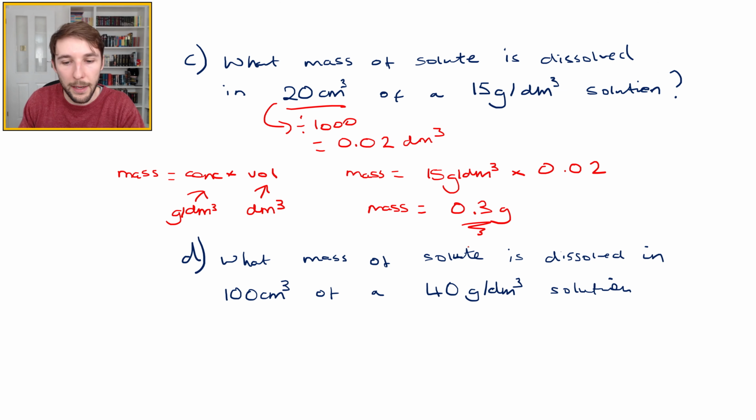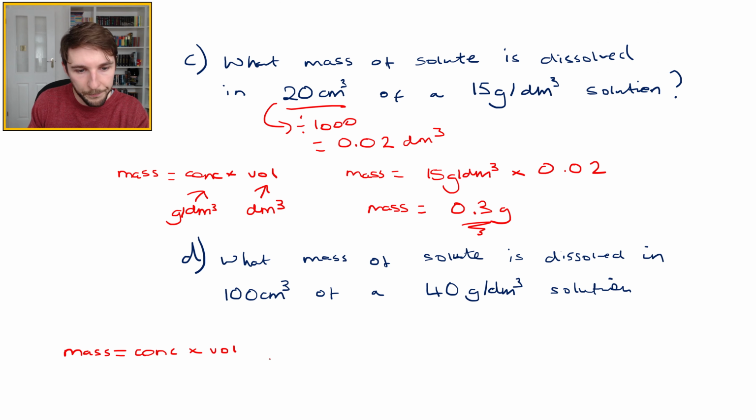There we go. Okay, let's have a look at our next one then. Okay then, so what mass of solute is dissolved in 100 centimeters cubed of a 40 gram per cubic decimeter solution? So mass equals concentration times volume. Again, we need this in grams per cubic decimeter, and we need our volume in cubic decimeters.